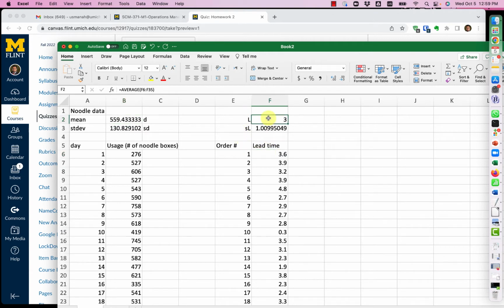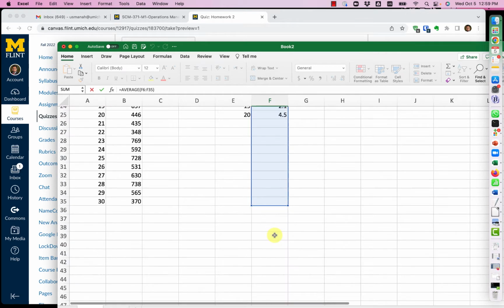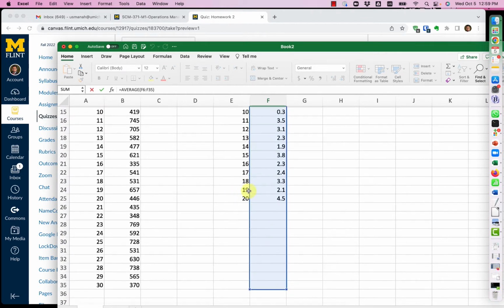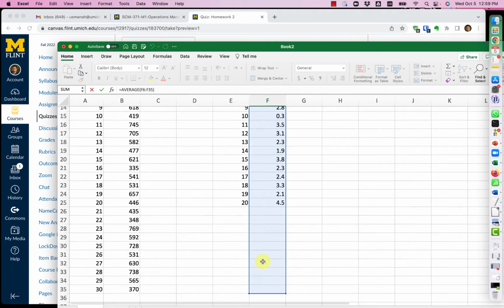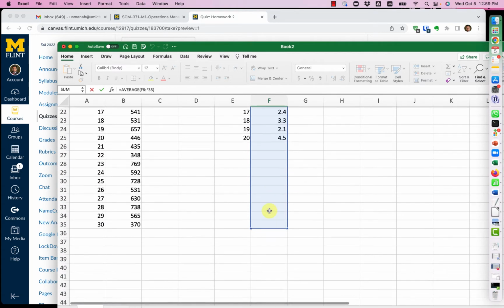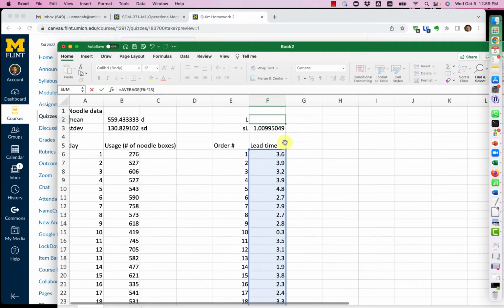We do the same thing for the lead time. We use the average function in Excel, select all these values, which are actually fewer than the demand values. If you select empty cells in Excel, it does not affect your statistics. But if there's a 0 here, it will affect your statistics. So an empty cell means not 0, nothing in it. Empty cells do not affect the average or the standard deviation, but we can just exclude them anyway.